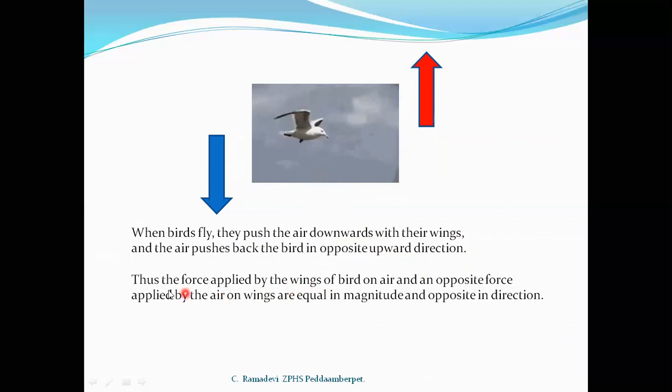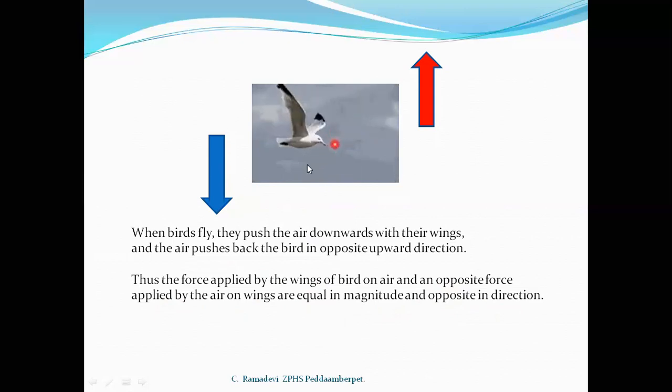So, the force applied by the wings of the bird on air and the opposite force applied by the air on the wings, those two forces are equal in magnitude and opposite in direction. So the air is going downwards and the bird is going upwards.